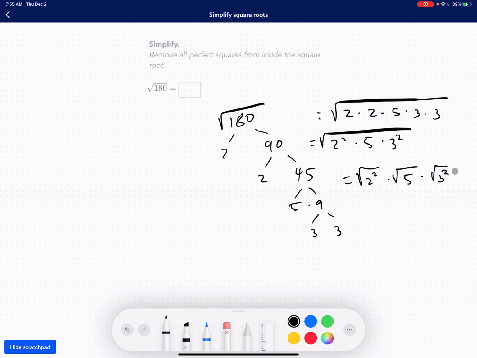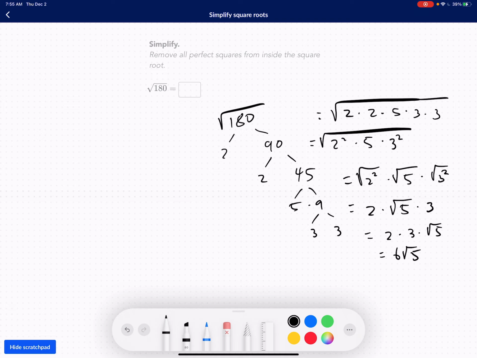The square root undoes the square, so 2 times square root of 5 times 3, and then you got 2 times 3 times square root of 5, and then 6 square root of 5. Voila. And the multiplication sign, you can move it around because 4 times 3 is the same thing as 3 times 4. And then you got 6 square root of 5 is the answer.